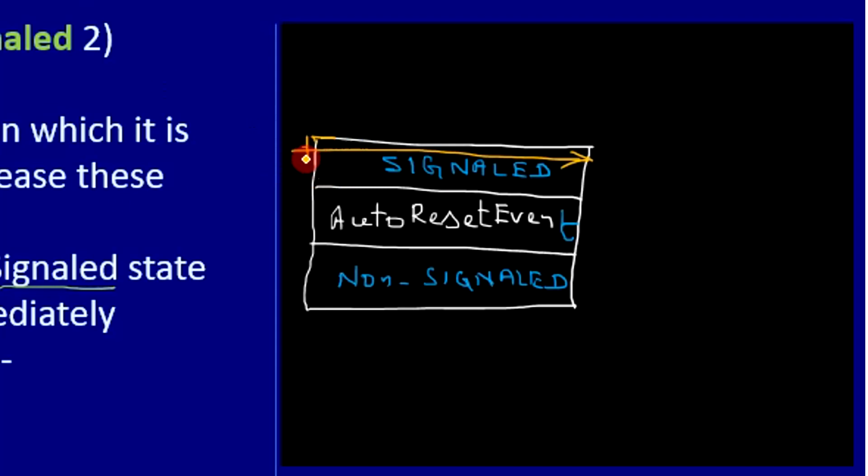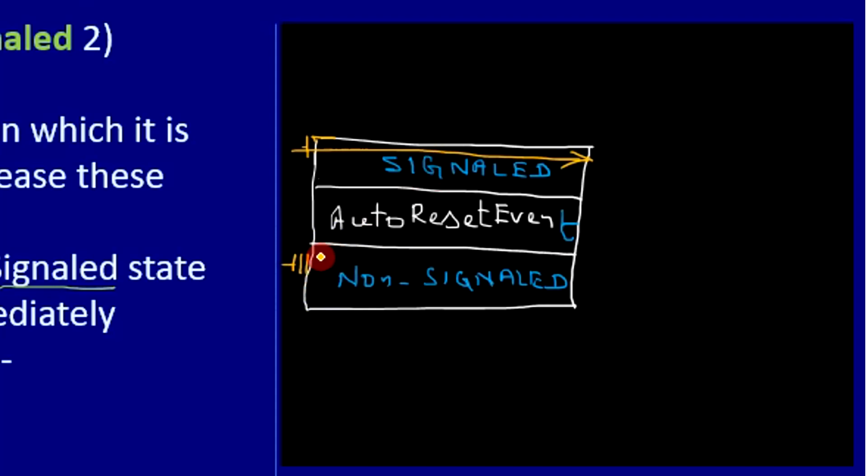That means the call to WaitOne will get released immediately, and it will return immediately, and the thread will smoothly move. So when it is in non-signaled state, the thread will be blocked.